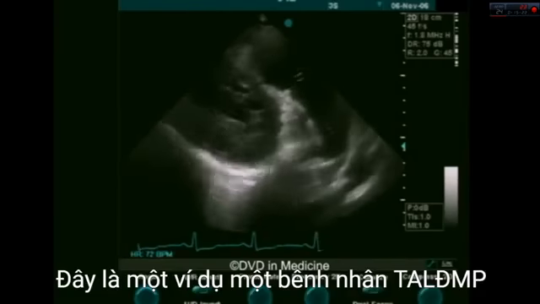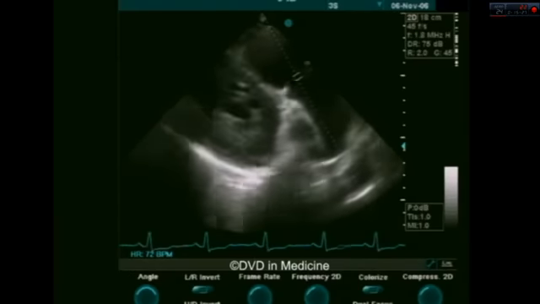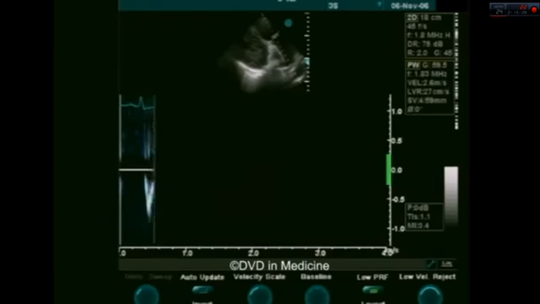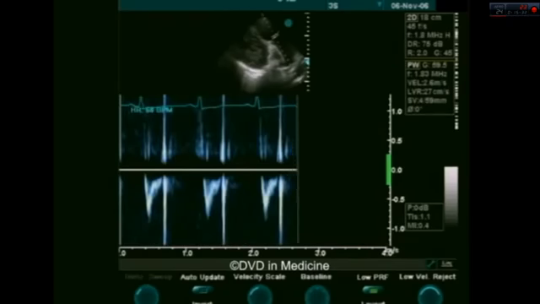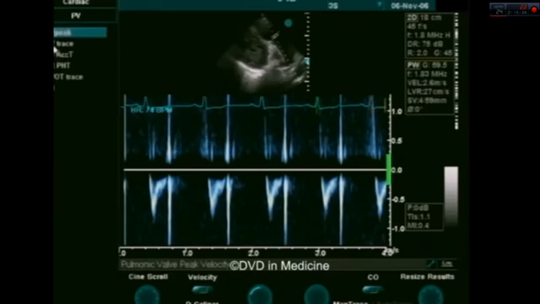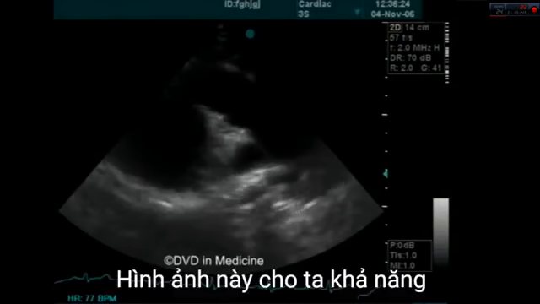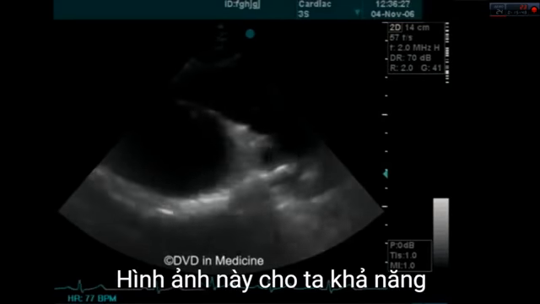This is an example of a patient with pulmonary hypertension. This image gives us the possibility: 1.